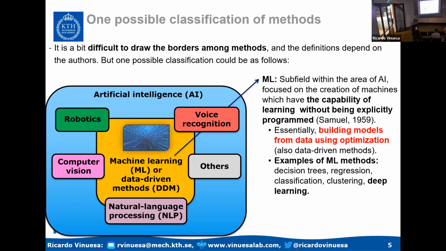Of course, there are many examples of machine learning methods. Here is where we want to classify things a little bit: decision trees, regression, clustering, classification, and deep learning, or neural networks, which is a subset within machine learning. So AI is the broader term when you're using data plus something else. When you're using only data, then it's machine learning or data-driven methods.